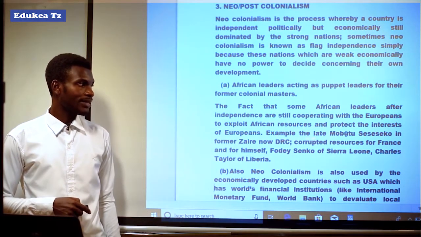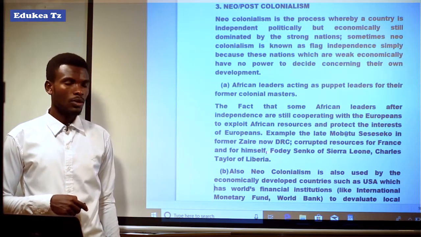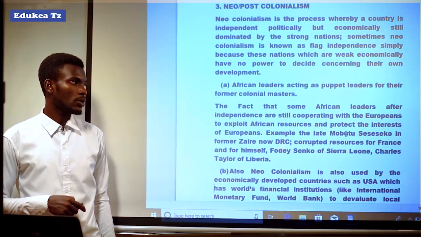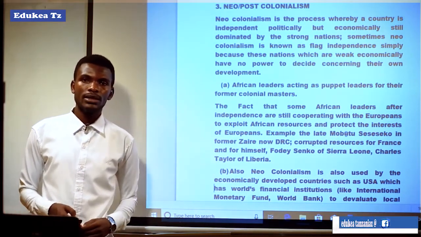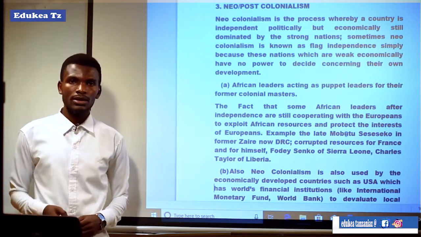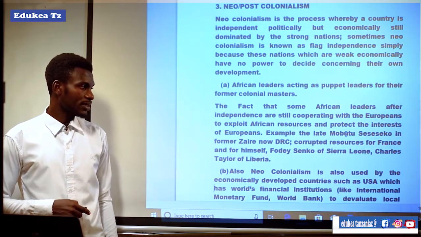For example, the late Mobutu Sese Seko in former Zaire, now the DRC, the Democratic Republic of Congo, was a puppet leader for European interests. He collected resources for France and for himself.